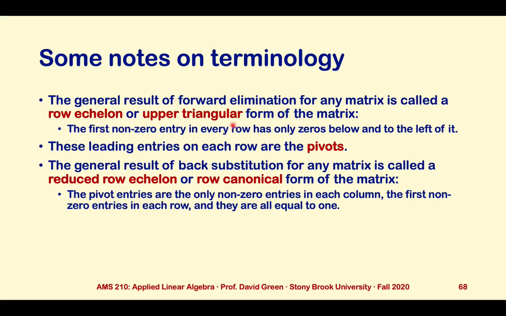Not only do they have zeros below and to the left, they also have zeros above them. In addition, these pivot entries all are equal to 1 rather than any number.